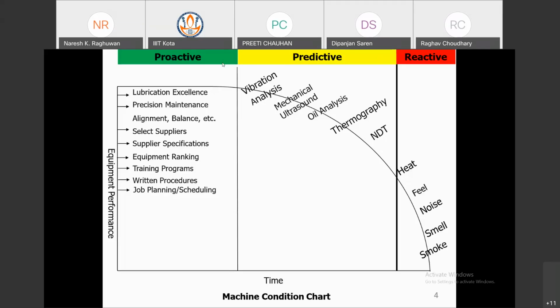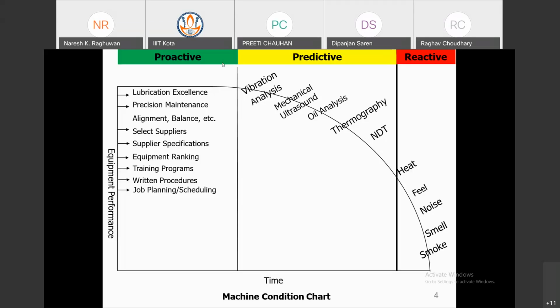Like in humans, if we are ill, we go to the doctor, and the doctor takes some tests from our blood. Then we diagnose some disease according to the blood test. In the machine it is also something like oil analysis.